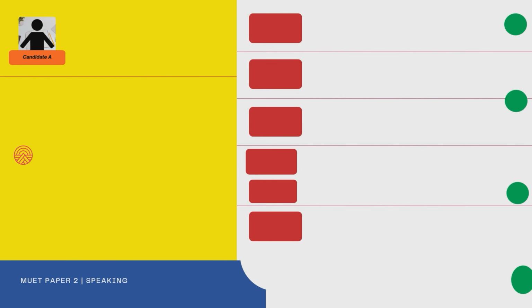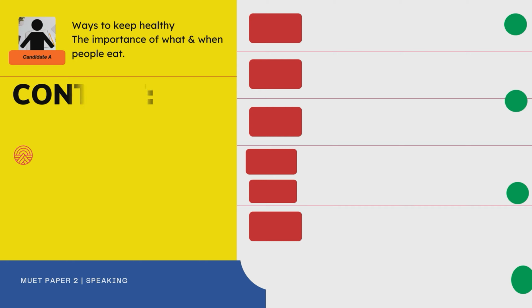Before I teach you how you can generate ideas using the PEER acronym, let's take a look at Candidate A's task again. Candidate A's situation is ways to keep healthy, and he has to talk about the importance of what and when people eat. Now, as Candidate A, all of you will have to think of the content, and you need to come up with point 1.